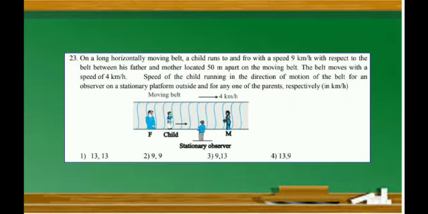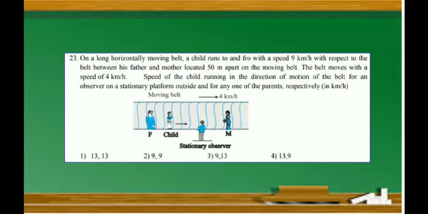This is the NCERT problem. On a long horizontally moving belt, a child runs to and fro with a speed 9 km per hour with respect to the belt between his father and mother located 50 meter apart. The belt moves with a speed of 4 km per hour.